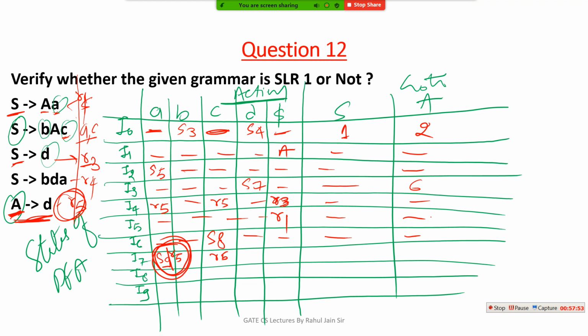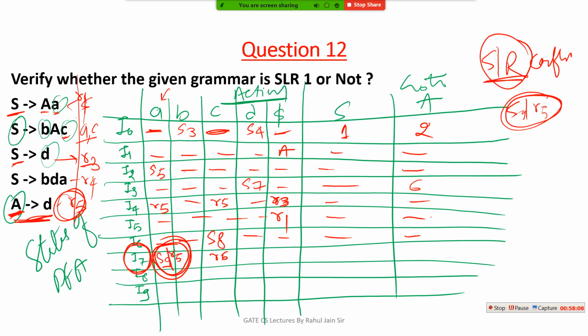I am getting a shift-reduce conflict in the I7 state, in the block of A. Shift 9 and reduce 5, this is the conflict I am getting. I can conclude it is not SLR1. It is not SLR1, guys.